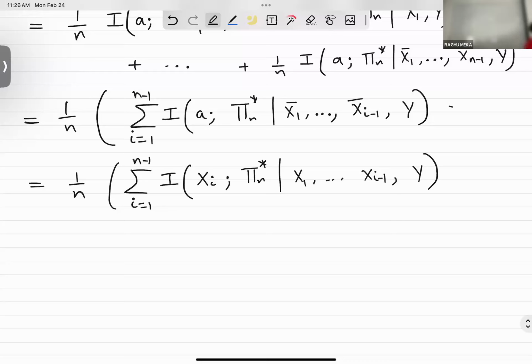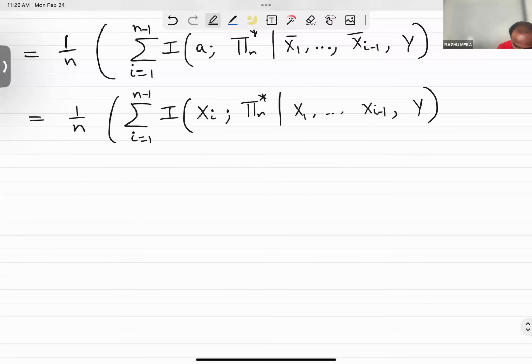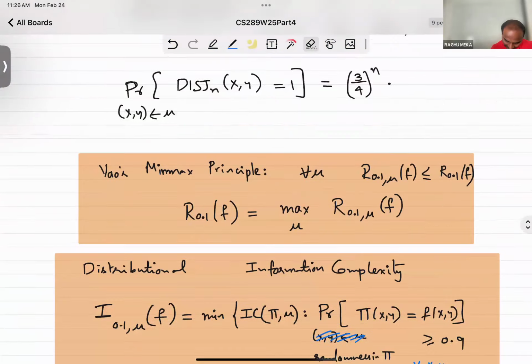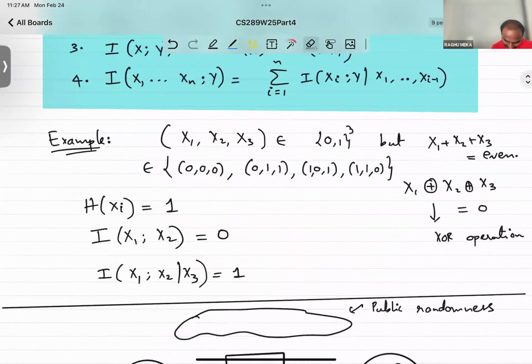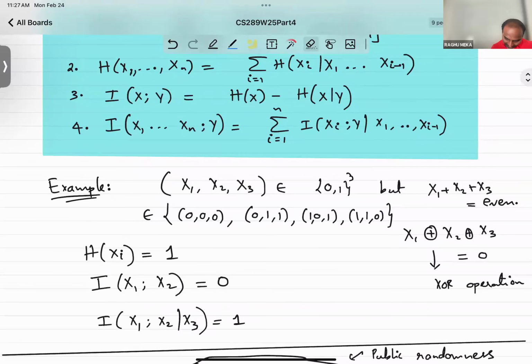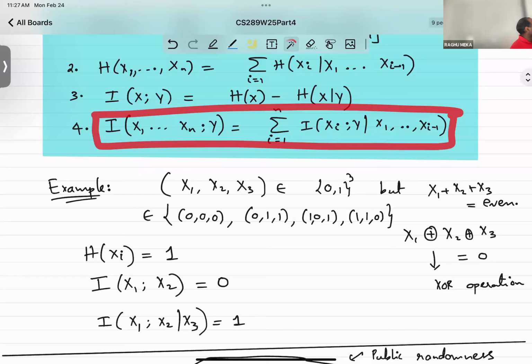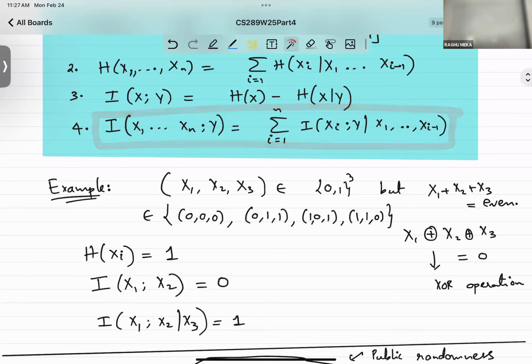I said the bars were just for me to distinguish between what is public and what is private, but now everything has already been conditioned. Okay. So what is this equal to? Let's see. We saw this. It's the exact same thing.